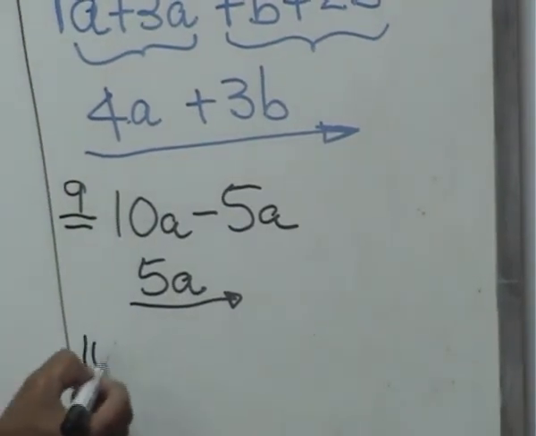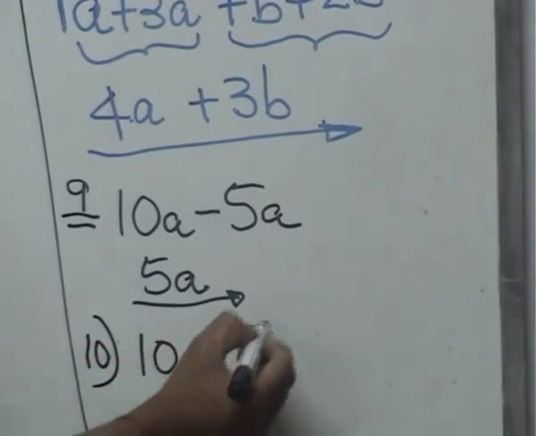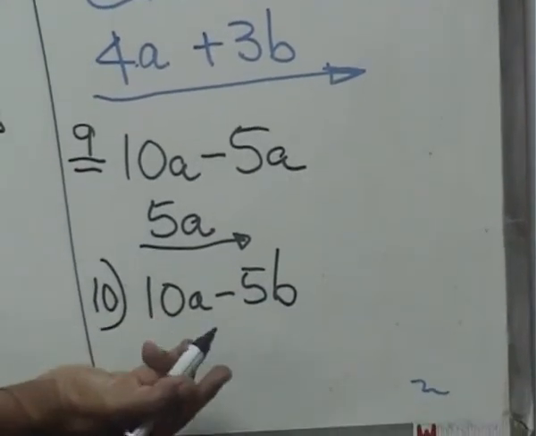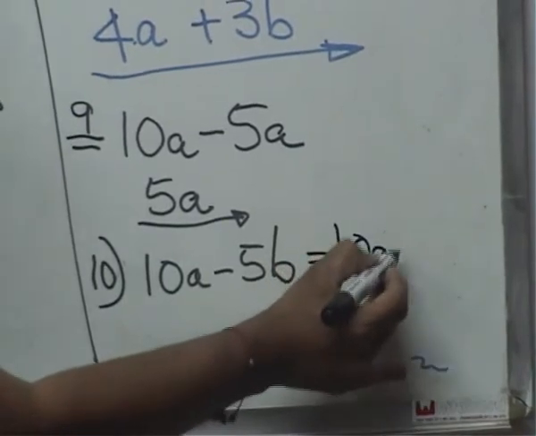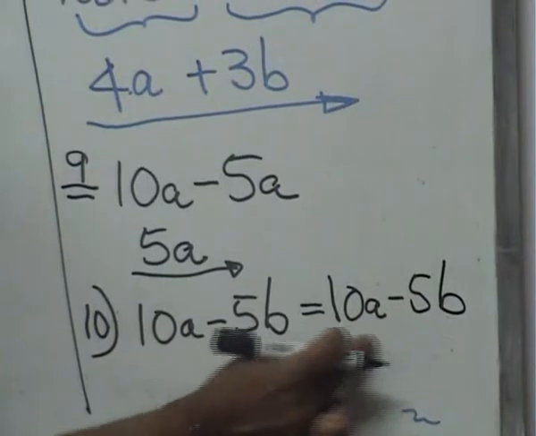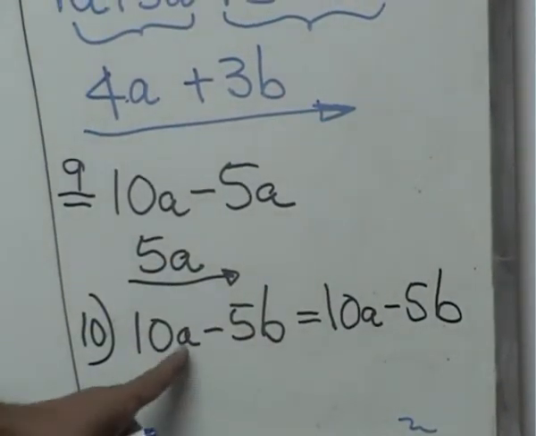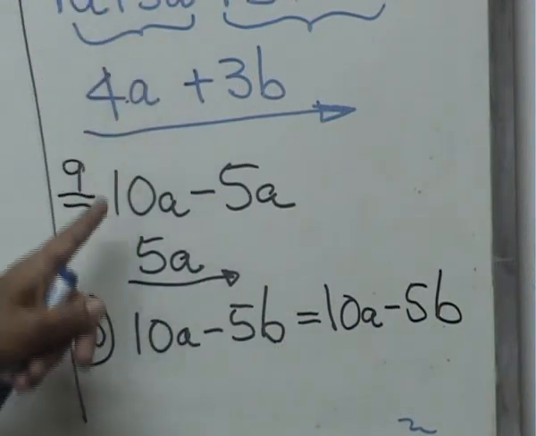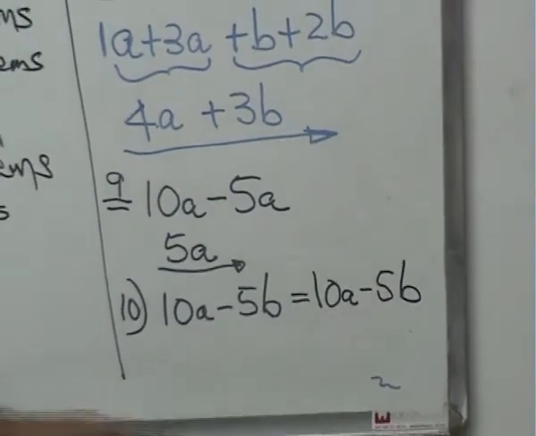But if you look at number 10, 10a minus 5b. Now these are unlike terms. I can't do anything about them. The answer will just remain the same. Or if you wanted, you could have written here, you cannot subtract these because they are unlike. So this is 10a, that's 5b. You can only add like terms, you can only subtract like terms. You cannot subtract unlike terms.